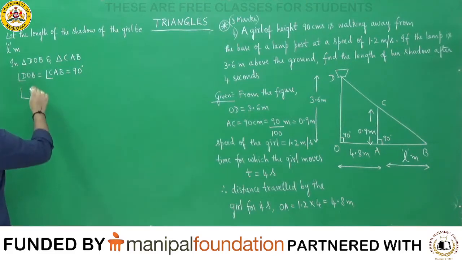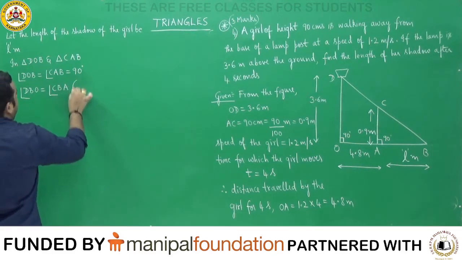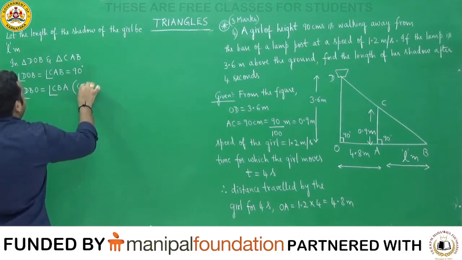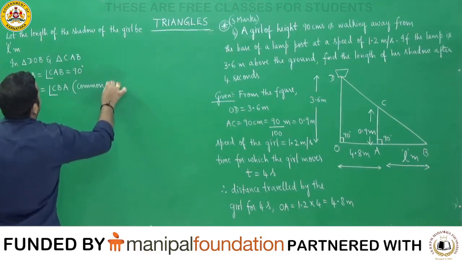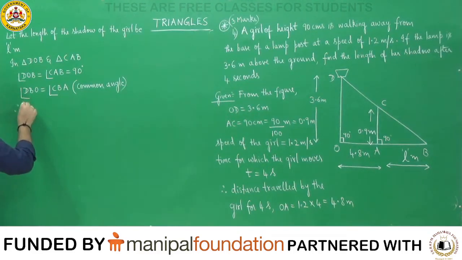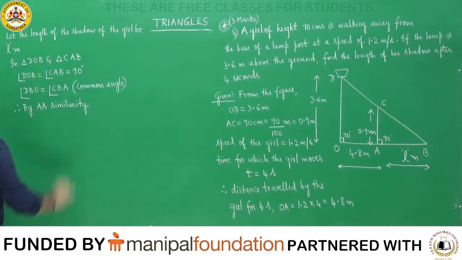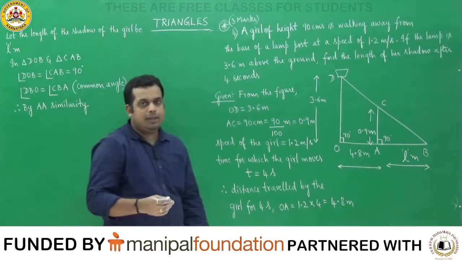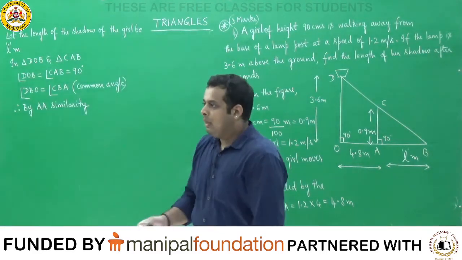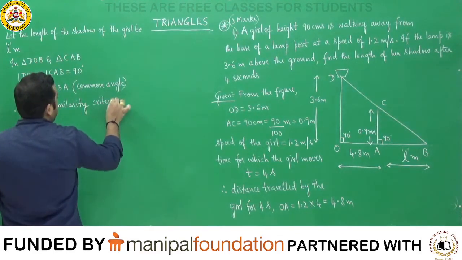Angle DBO is equal to angle CBA, because this angle is the common angle. Therefore, by angle similarity criteria, writing two angles is enough, because in a triangle only 3 angles are there. If 2 angles are equal, then the third angle should obviously be equal.